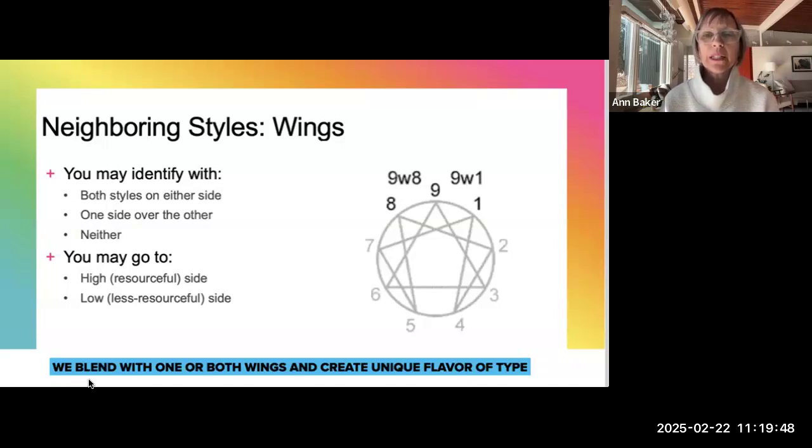So, for example, for the 9, going to a 1, the less resourceful side can shift into perfectionism, being really critical of self and others. With the 8 can come across maybe as too much assertiveness, or being afraid of being vulnerable. So there are qualities high and low in the wings.